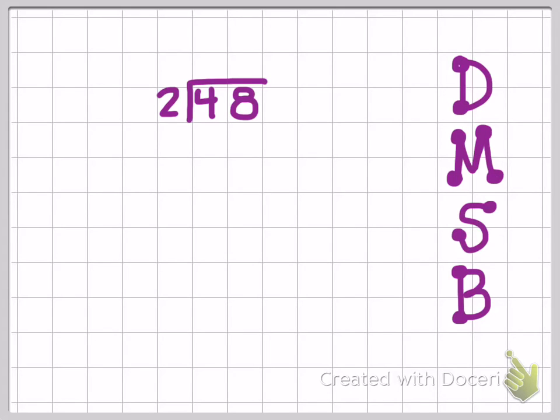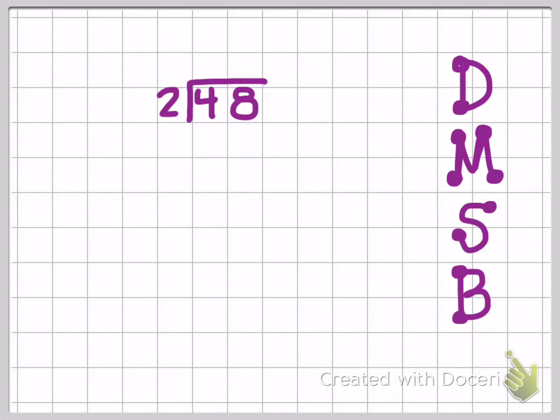So let's get started. You'll notice on the right hand side of our screen, I have the letters DMSB: divide, multiply, subtract, bring down. For this problem, I want you to just watch and listen to the process without writing anything down.